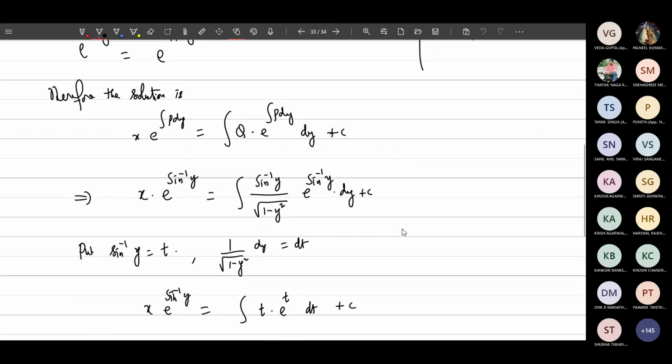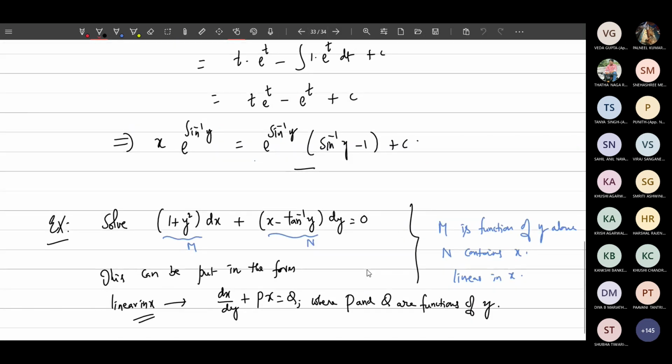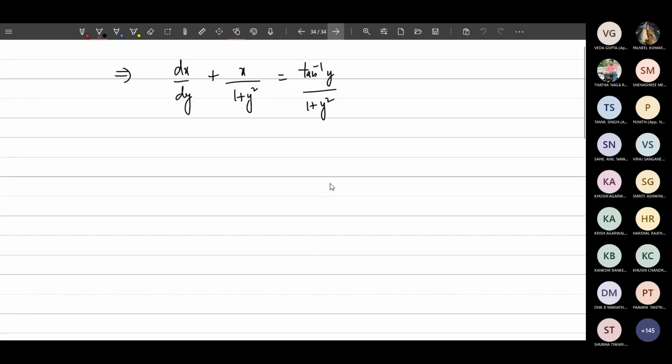Now, what is P here? P is 1 by 1 plus y square. Q is the right hand side part, tan inverse y by 1 plus y square.